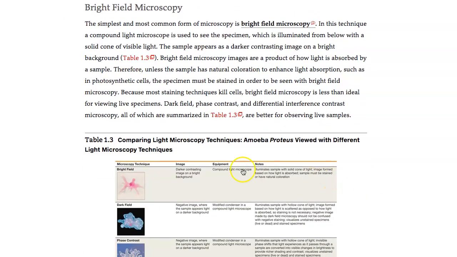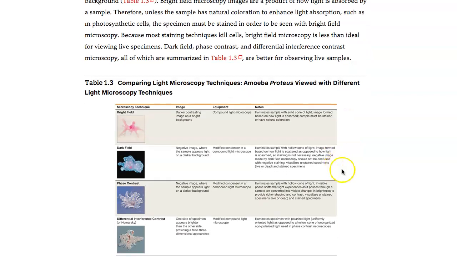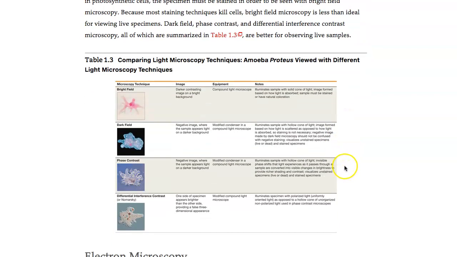Okay, so this goes into comparing light microscopy techniques. All right, so this is Amoeba proteus. Amoeba are pretty large, so they can be seen very easily. They're eukaryotic, and it goes into the different kinds of imaging. You can have a darker contrast image using a bright background.